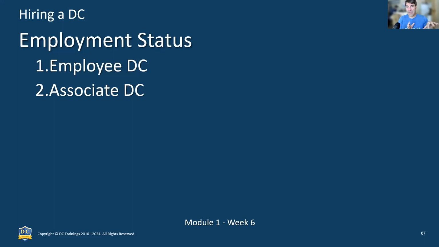Maybe they're renting space or sharing space with you, but they have their own patients to which they are the primary care provider. So those two are the different statuses. And as I'll show you, there's details under each one of them, but it's important to consider what you're seeking as you go into this hiring process for bringing on an associate or hiring another doctor.